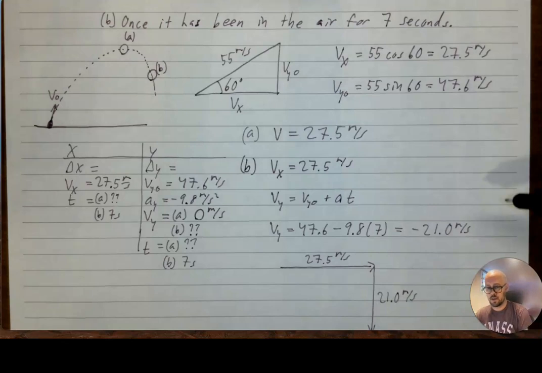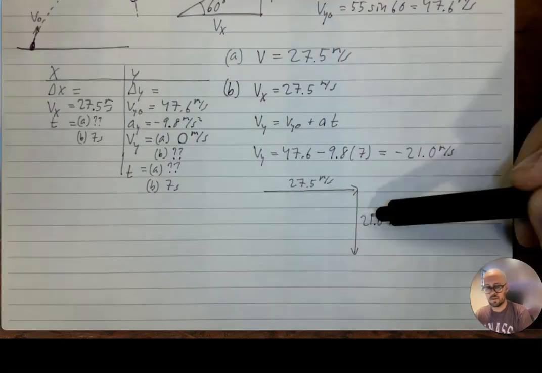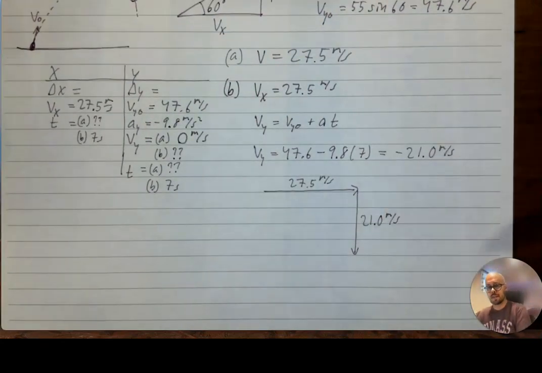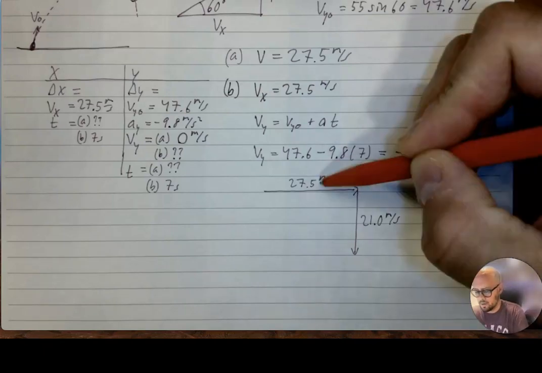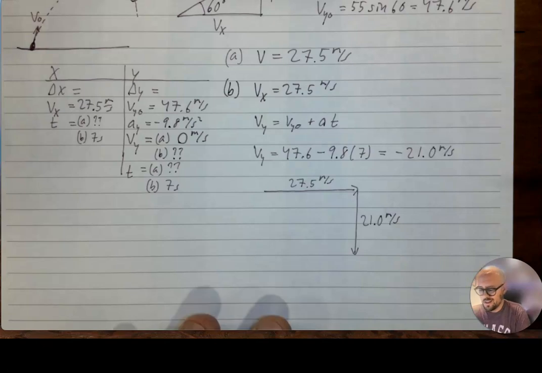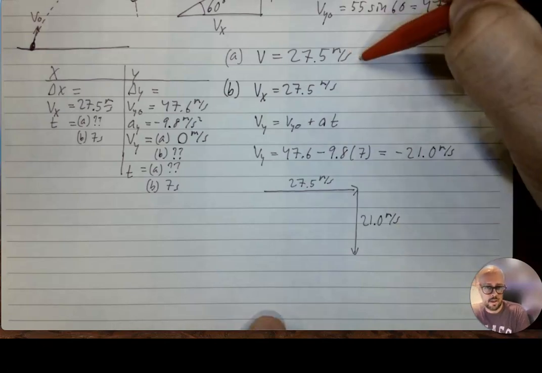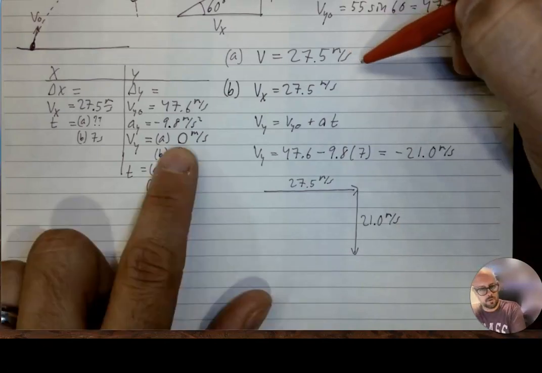So I just took that negative sign and turned it into an arrow pointing in the negative direction along the vertical axis. So to find the speed at a certain moment for a projectile, you need to combine the horizontal and vertical velocities. I didn't need to do that in part A because there was no vertical velocity.